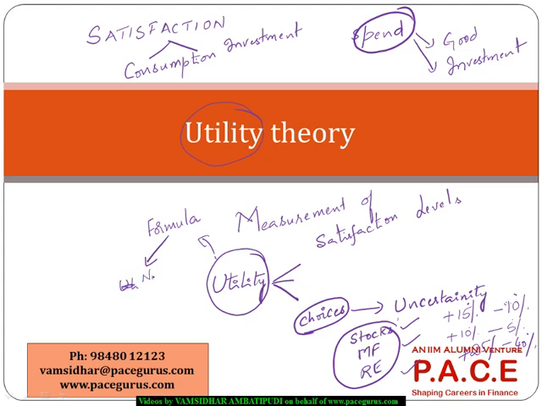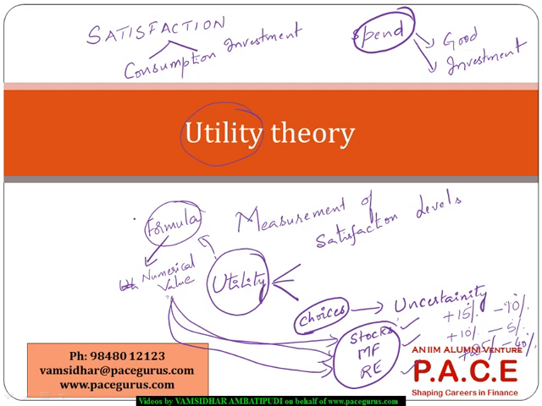Utility is a numerical value coming out of a particular formula, and for each choice, for stocks, for bonds, for mutual funds, I will compute this numerical value. For each option that is available, I'll compute the utility value using this formula, and this formula is what we call the utility function.